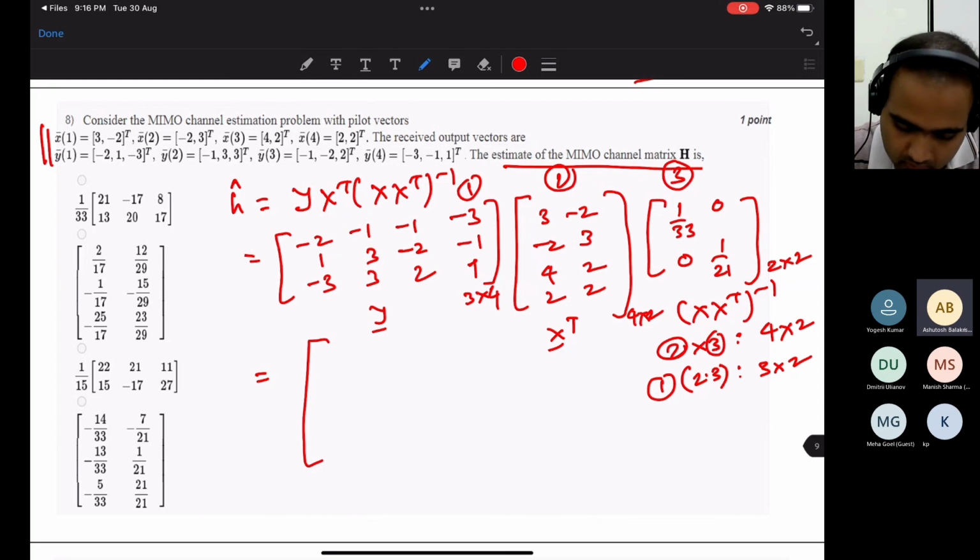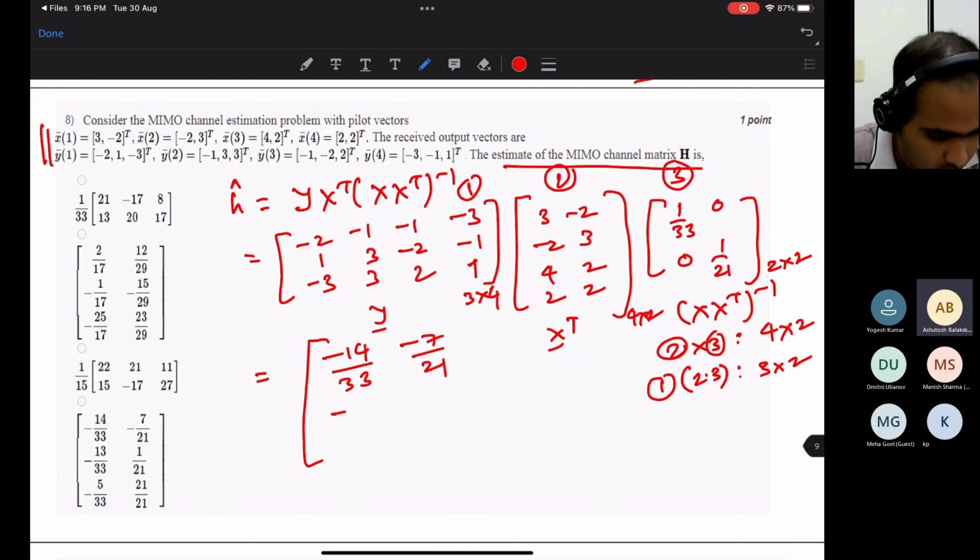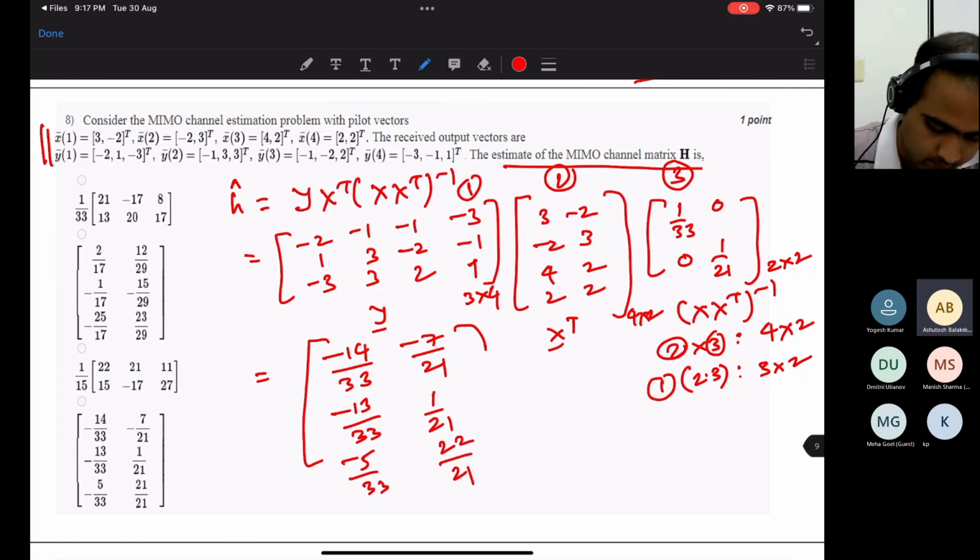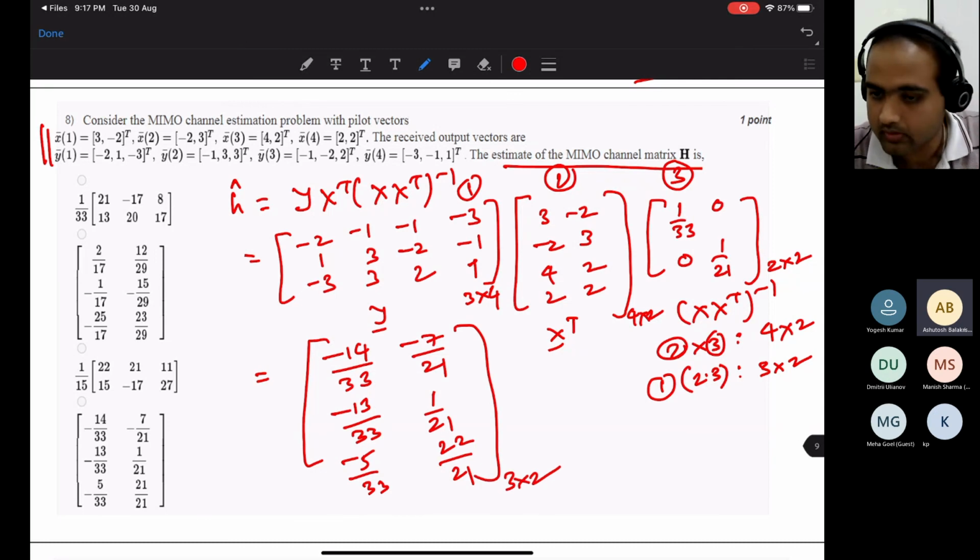Have you done some error? Just check. All right, we have not done any error, it is fine. So if you solve this, you get minus 44 by 33, minus 7 by 21, minus 13 by 33, 1 by 21, minus 5 by 33, 22 by 21, and this is a 3 cross 2 matrix.